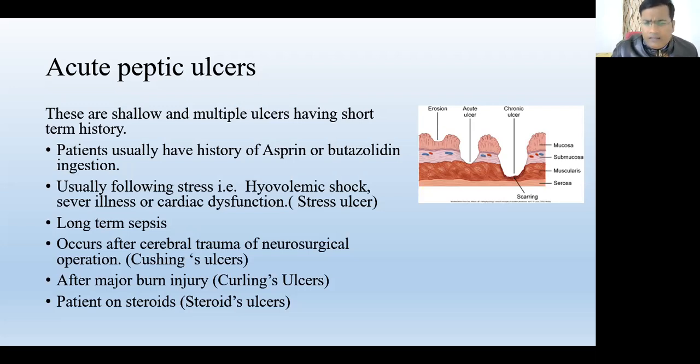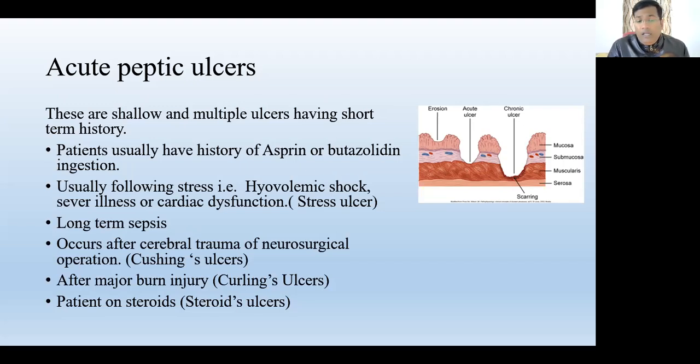The other factors are when the patient suffers long-term sepsis or long-term severe illness. In those conditions, ulcers may be present. Patients having cerebral trauma or neurological disorders develop what are called Cushing ulcers.